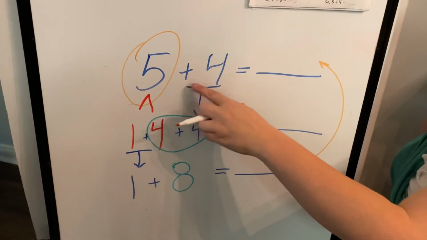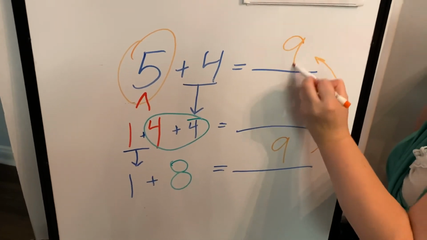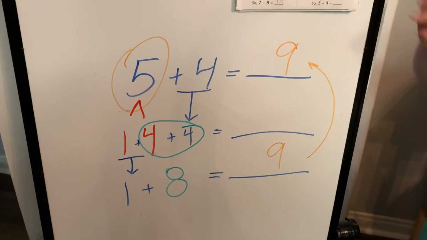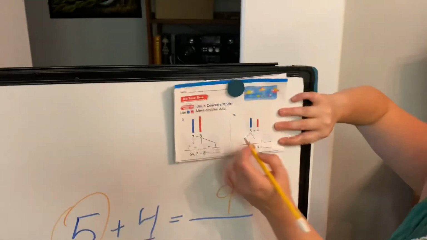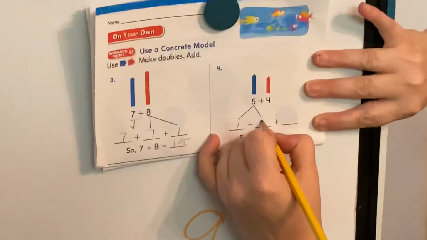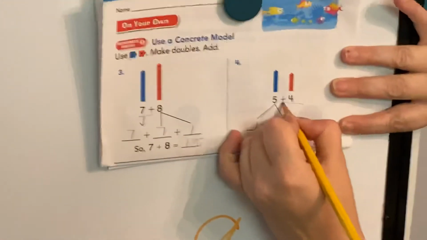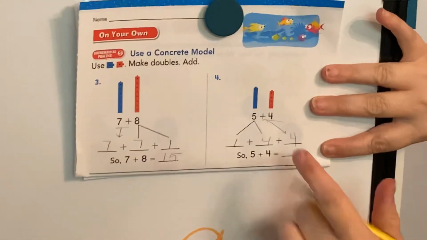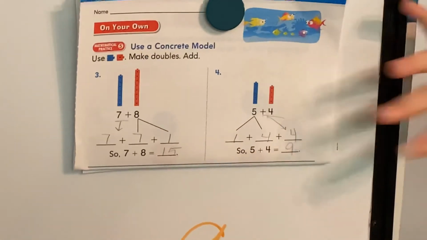So 5 plus 4 is the same as 9. And we would fill it up top here. They asked us to break this apart into a 1 and a 4. And then I take my plus 4 and I put it down here. So 5 plus 4 is the same as 9.